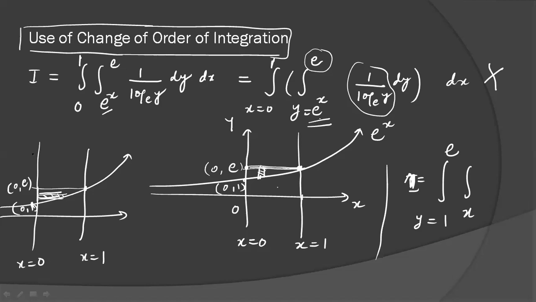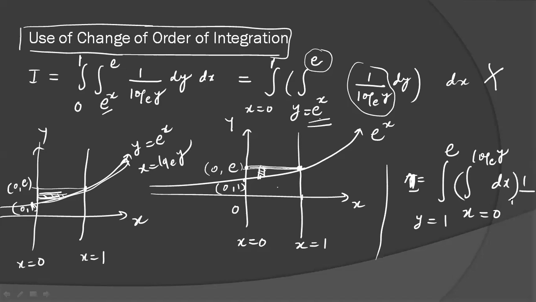the tail is on the y-axis, so x is going to be 0. And what about the other limit? From this curve, y equal to e to the power x, so x will be log y. So the upper limit of the strip will be log y. Now we will integrate with respect to dx first, 1 over log y dy.